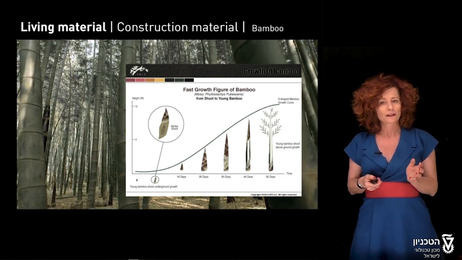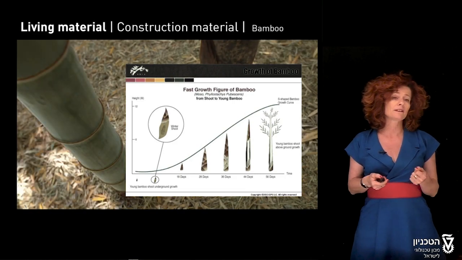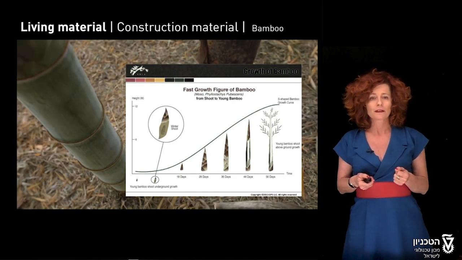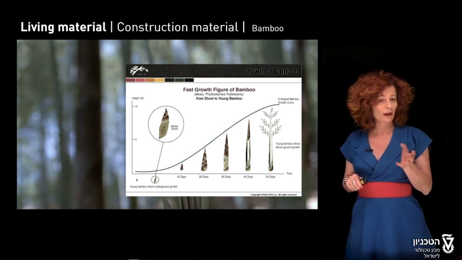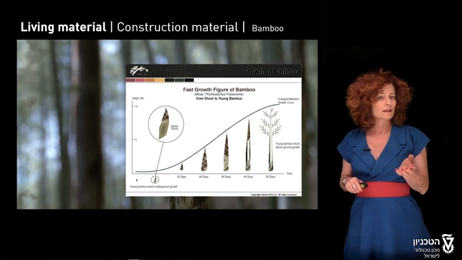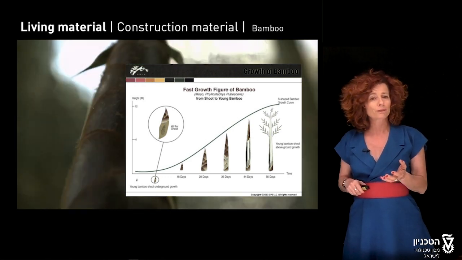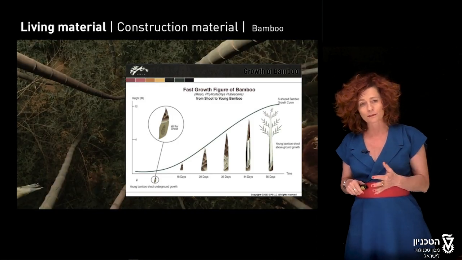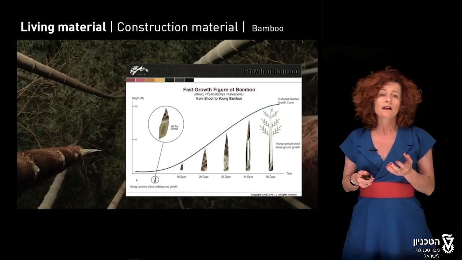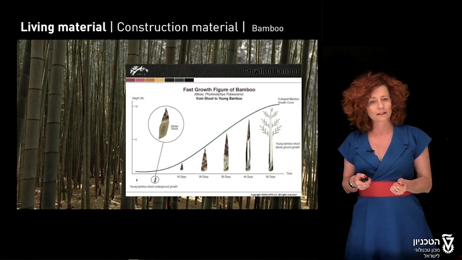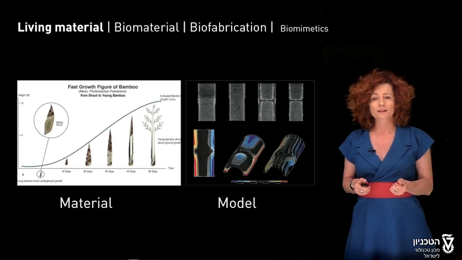This is quite incredible, and it means that it could regenerate very fast, and therefore it's highly sustainable. Now, the fact that it grows so fast also means that it can serve for other environmental purposes, such as stabilizing soil or reforestation or protection of soil against erosion. So all these purposes make this material highly interesting in the architectural field for sustainable application.